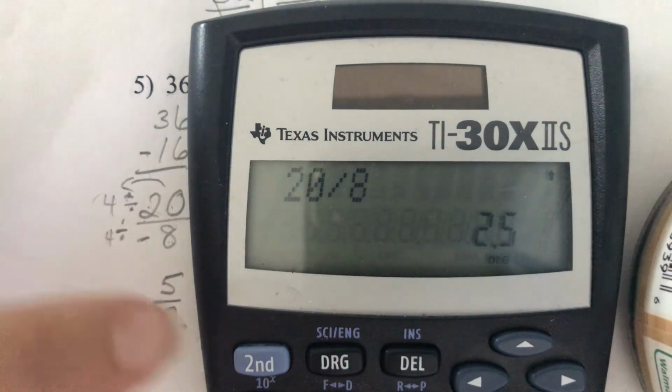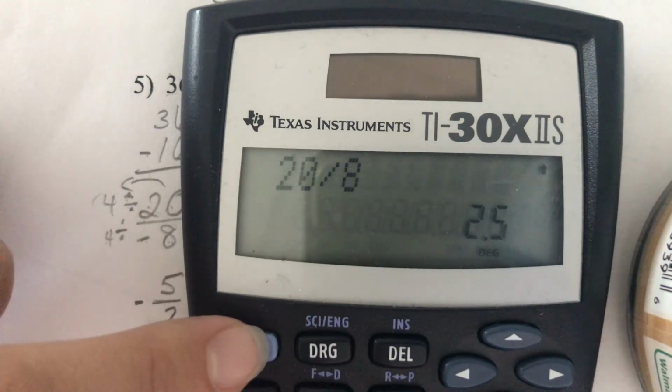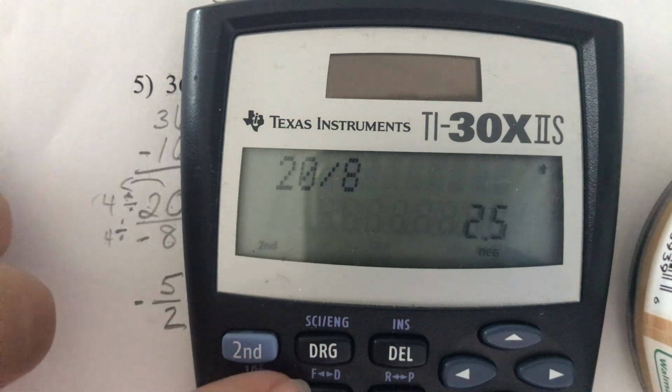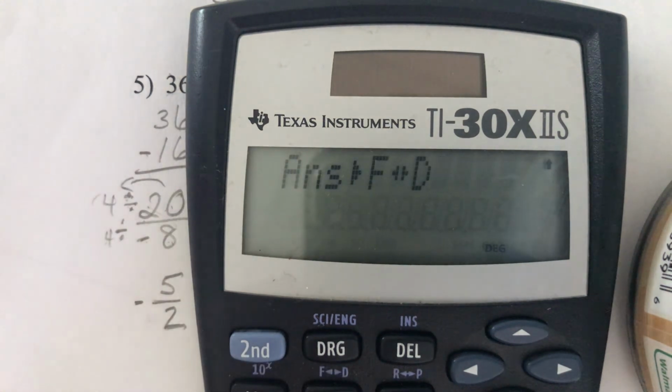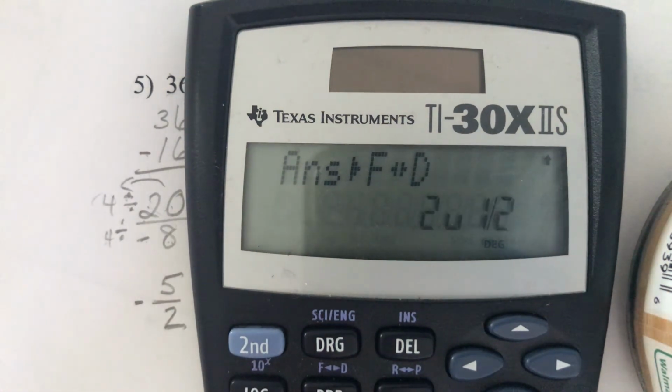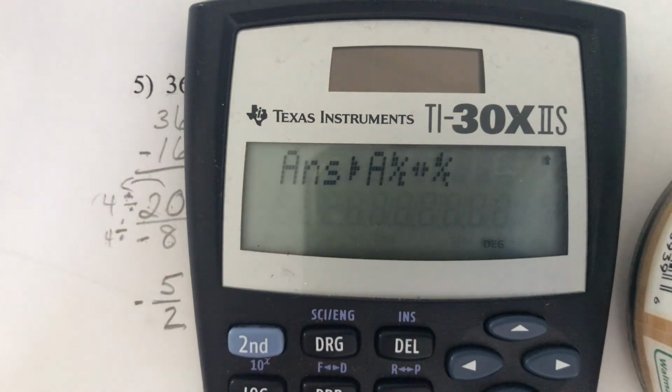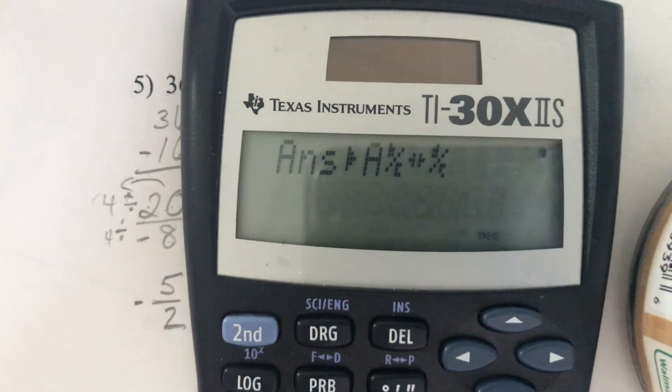Again, let's review. So we could do second key, PRB, fraction to decimal, or the other way. So now it shows us 2 1/2. Well, that's not what I had. Second ABC, that's mixed number to improper, or the other way around.